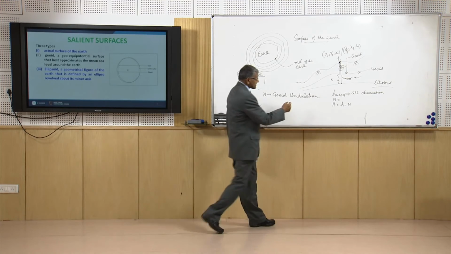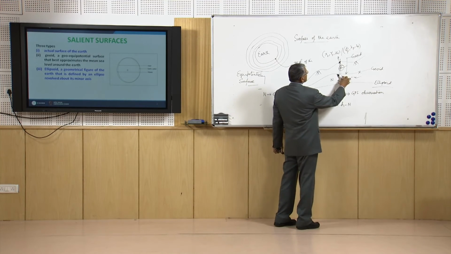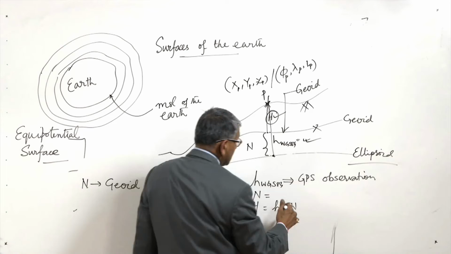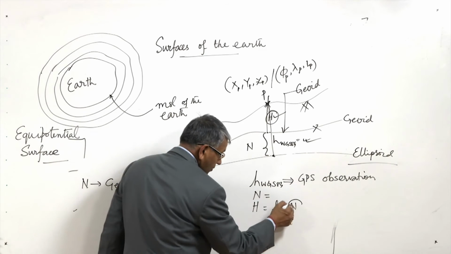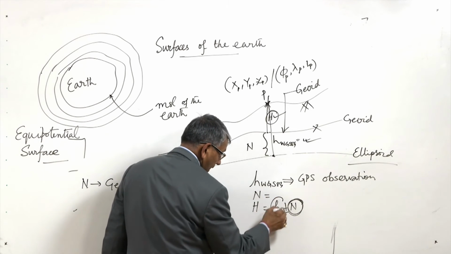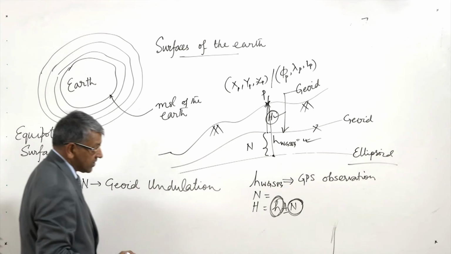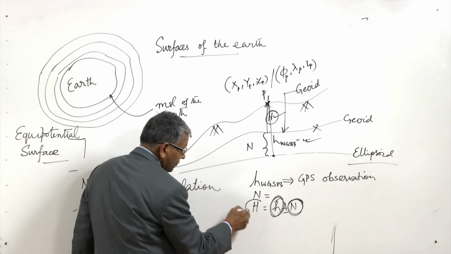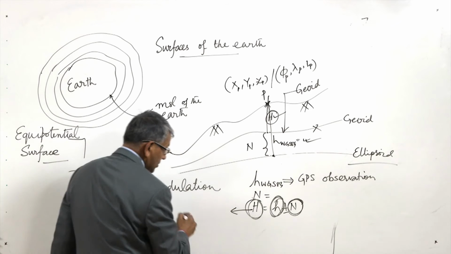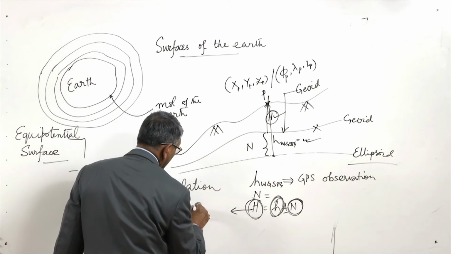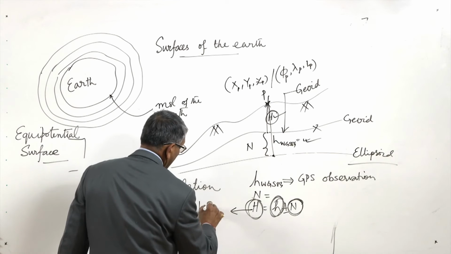In many cases this surface may be below this, or in some cases it may be above this, so generally we write it like this. By knowing the geoid undulation and from GPS observation, we will be able to find out the orthometric height, and this is the height which we need for our engineering projects.